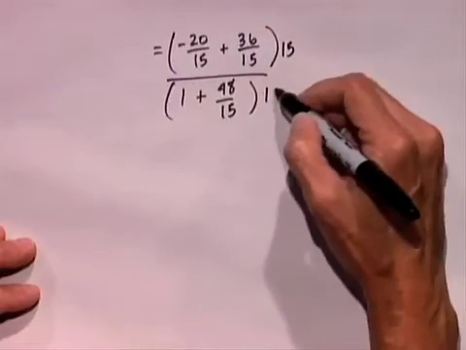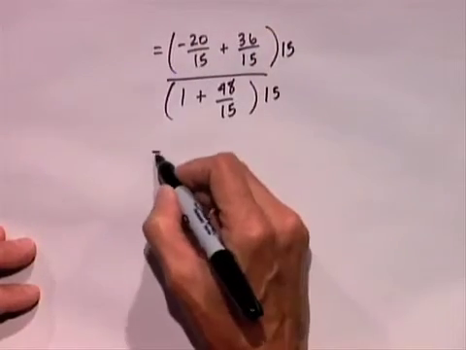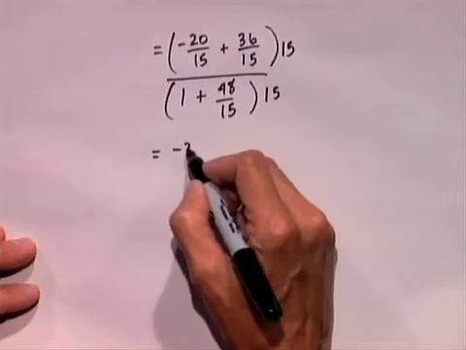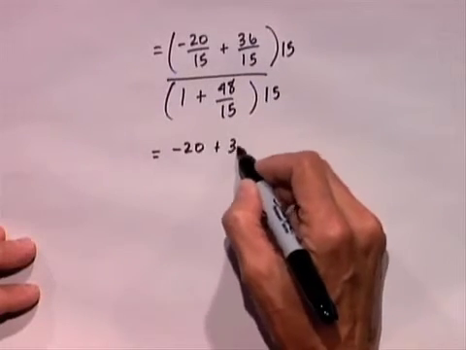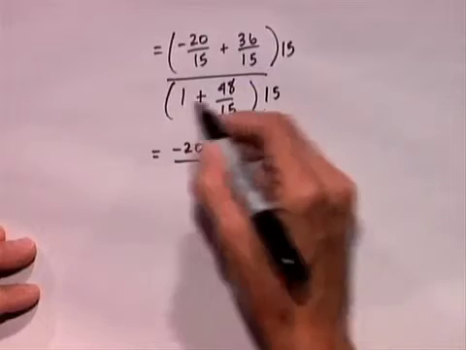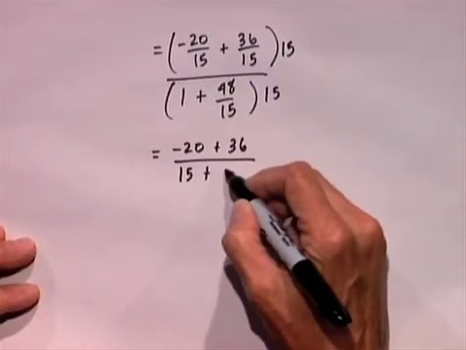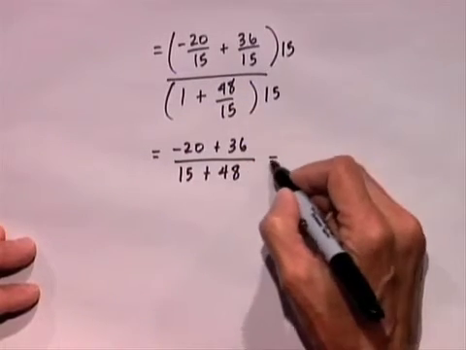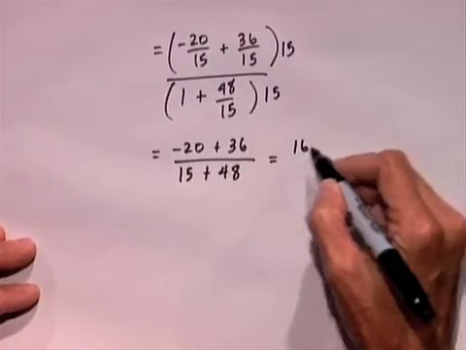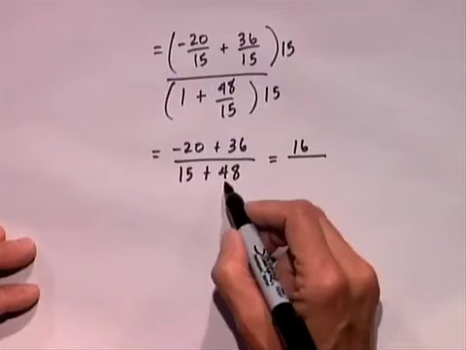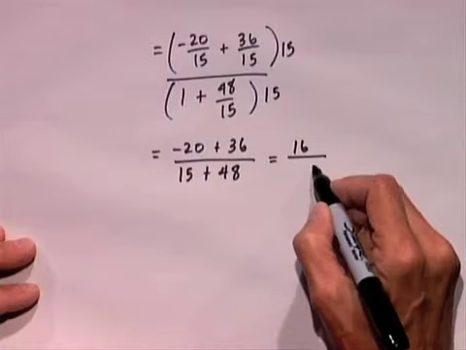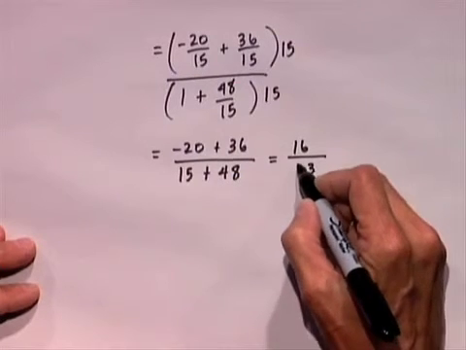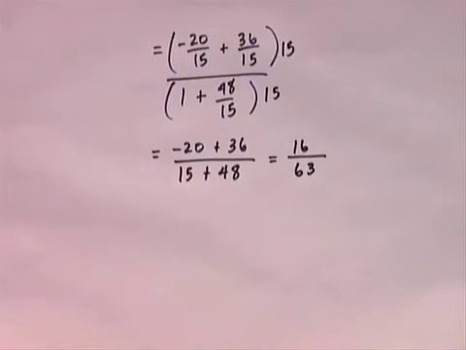So I'm going to multiply the numerator and denominator by 15, and I'll end up with negative 20 plus 36 over 15 times 1 plus 48, which simplifies to 16 in the numerator, and let's see, 8 and 5 is 13 over 63 as a final result.